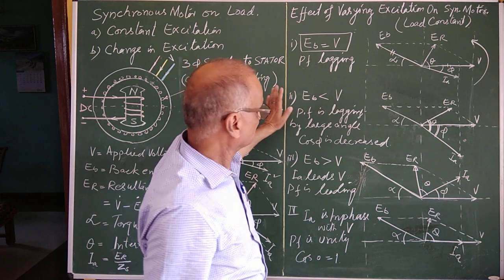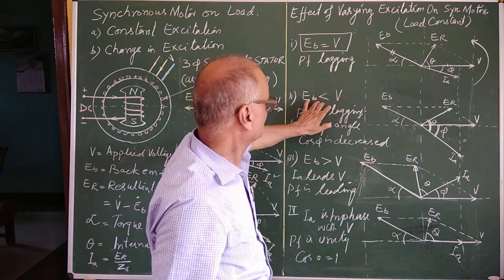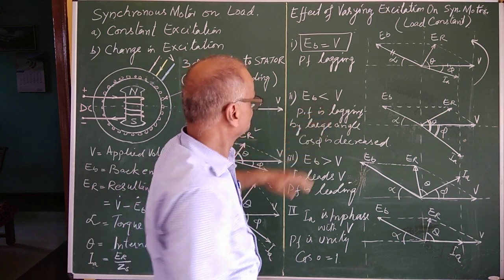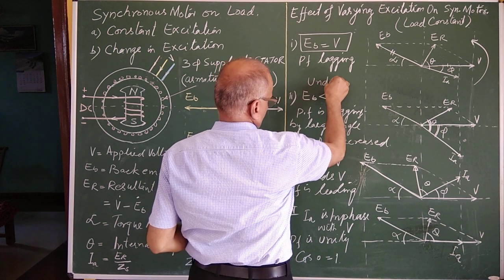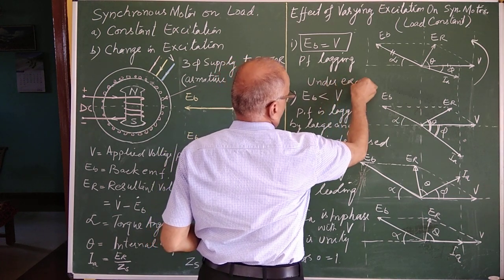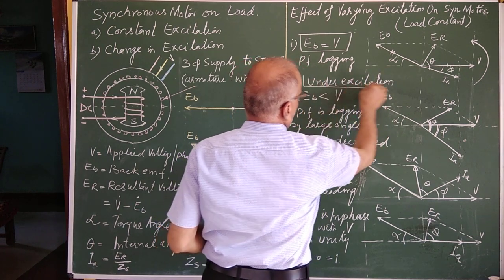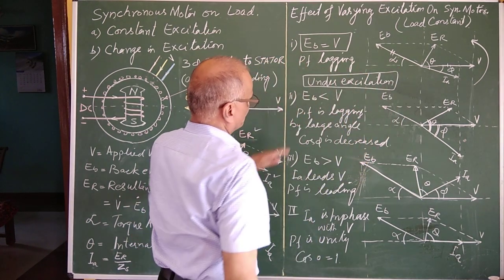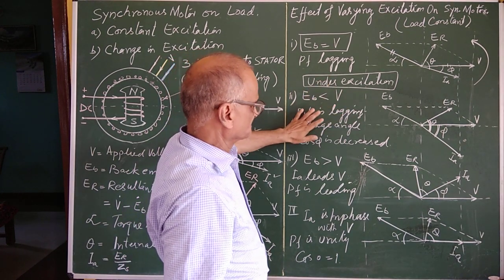So this is called under excitation. When EB is less than V, it is called under excitation.